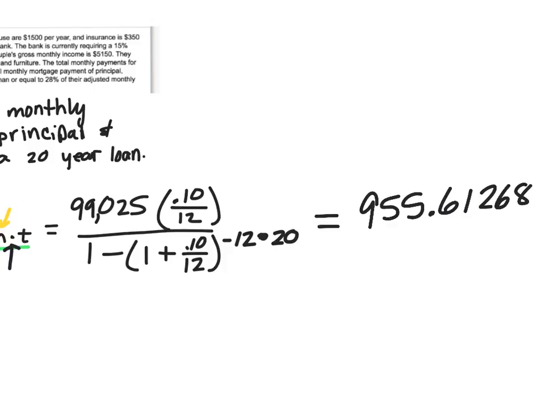But of course, I am talking about money, which means that I am going to round to the second decimal place, because of course that's how many decimal places are in money. So this is $955.61.